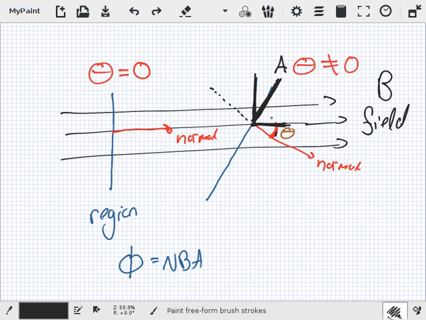Because this is what I'm thinking. If that's theta, then this is 90 minus theta. And if this is 90, then this is 90 minus theta. So this one has to be theta. So this one has to be a cos theta. So this region here is A cos theta.